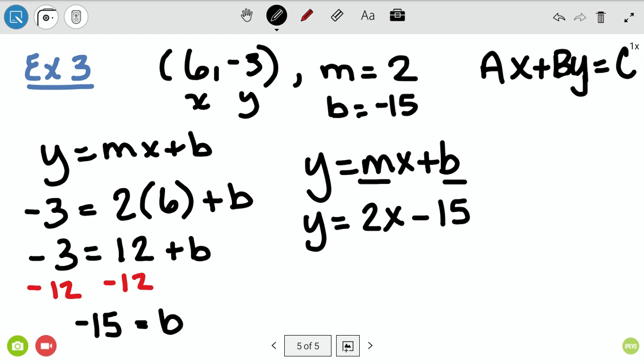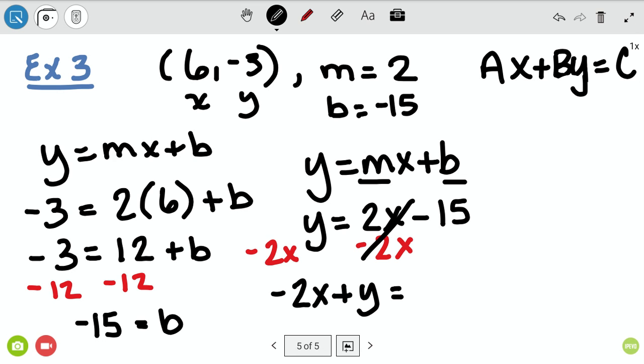Now with a little bit of algebra, I can go from this to standard. So what do I need to move? Yep, -2x and -2x, and write the 2x value first, so -2x, it's a positive y, so plus y equals -15. Now am I in standard? What do I need to do?